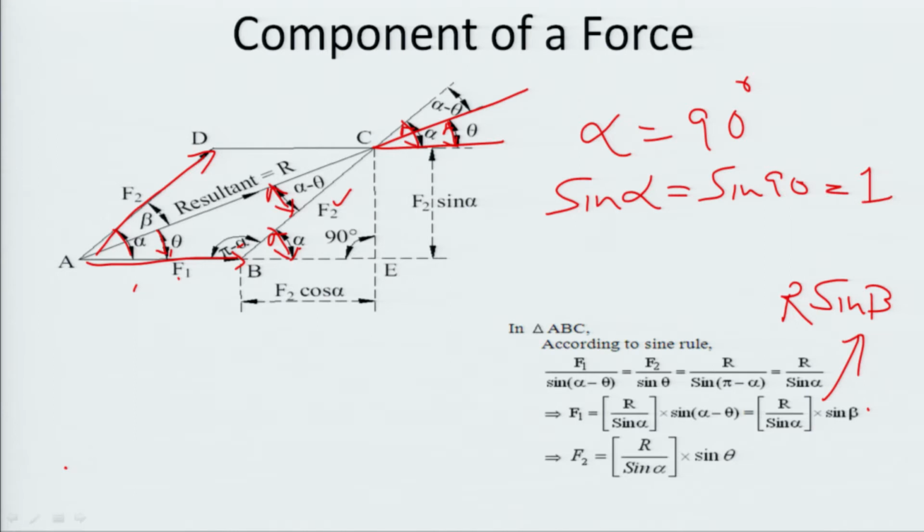So, it is R sine beta, and F2 is R sine theta, okay.